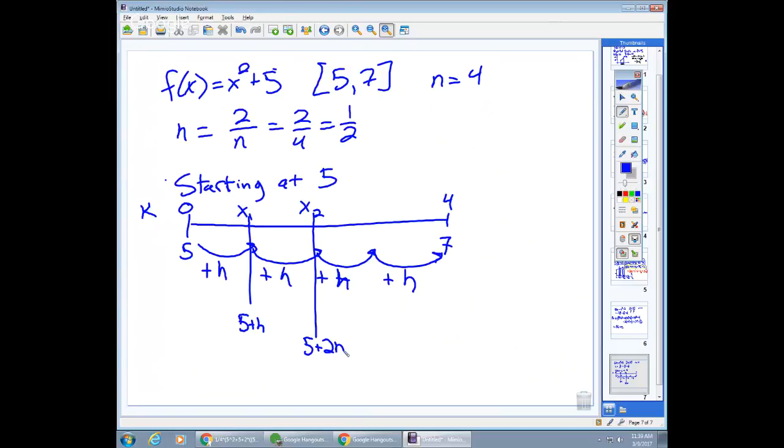And then what would the third one be? 5 plus 3 h's, yeah. So it turns out it's pretty straightforward when the interval is the same width. h happens to be 1/2. Okay. So with k as my counter, I think that x sub k starts at 5 and then adds on k h's.